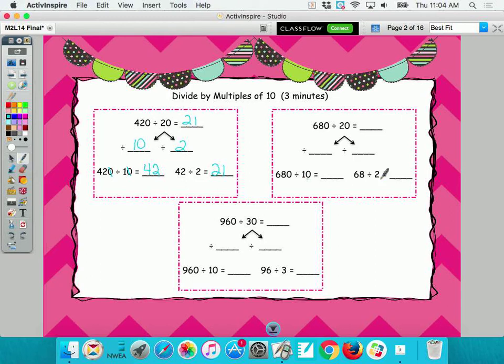We already know what they divided it into, don't we? So what's an easy way to do 68 divided by 2, Preston? 8 divided by 2 is, and 6 divided by 2 is? 3.